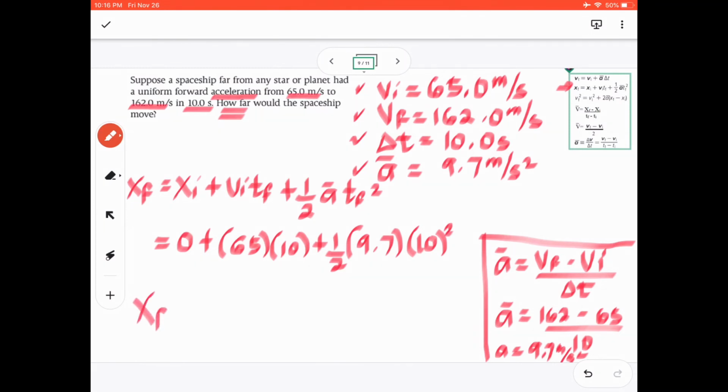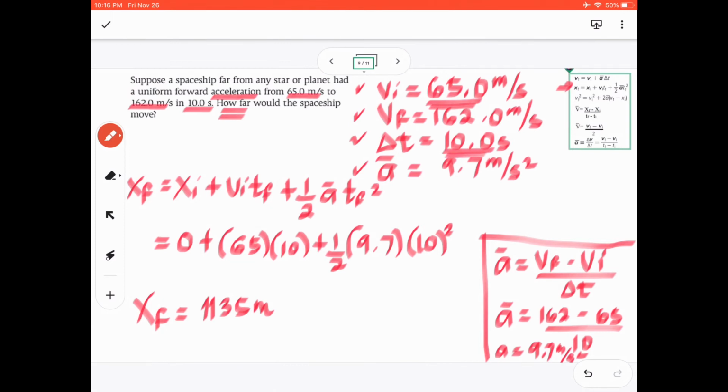Using the calculator, you're going to get the answer 1135 meters. Now how many significant figures do we need? We need 3 significant figures.